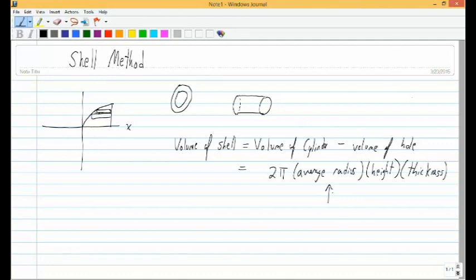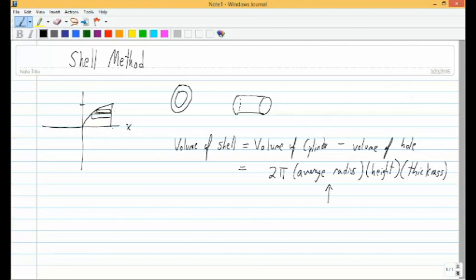The average radius, let's say for all of these shells that you make, the tallest shell would be up here, and then the next shell, the next shell, the next shell, all of their radii will depend on where you are on the y-axis.